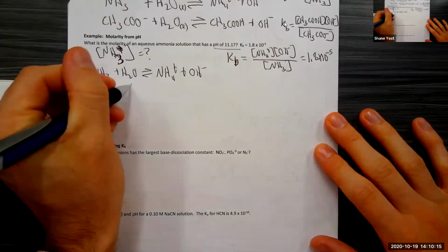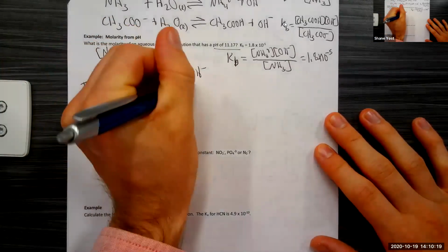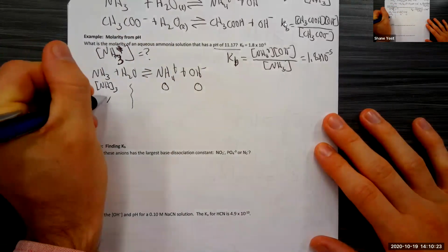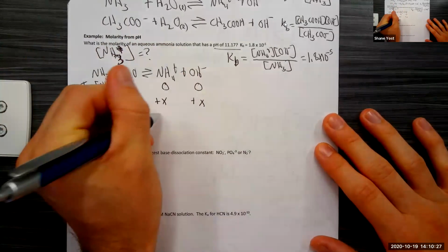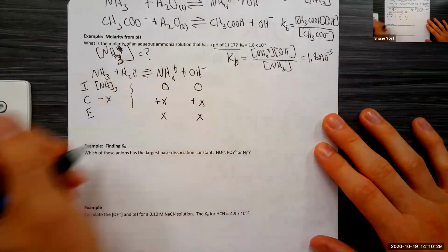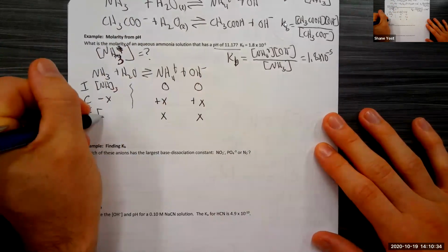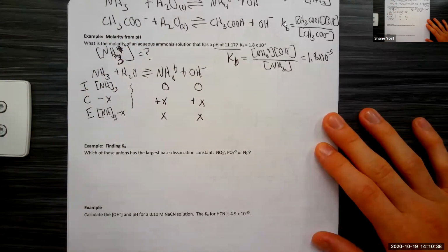Water we don't care about. It's a liquid, it doesn't matter. We don't have any initial concentrations of our products. We have some change here, plus X on the product side, and X for the equilibrium concentration. And this will be the concentration of NH3 minus X.